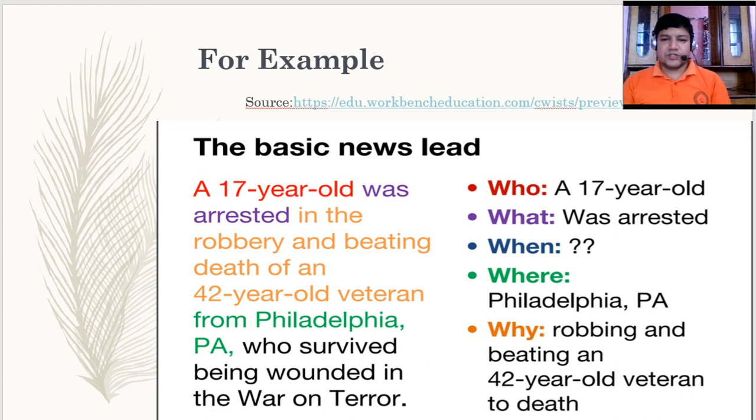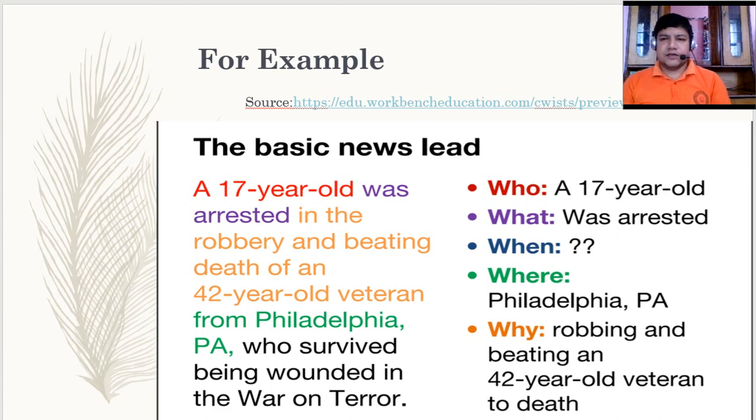Time is not mentioned here. That's why here is question mark. When? But the news writer could mention the time also here. Like a 17-year-old was arrested in the robbery and beating death of a 42-year-old veteran from Philadelphia yesterday or on Wednesday.